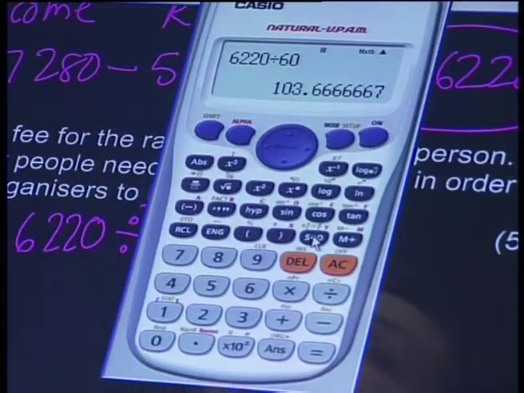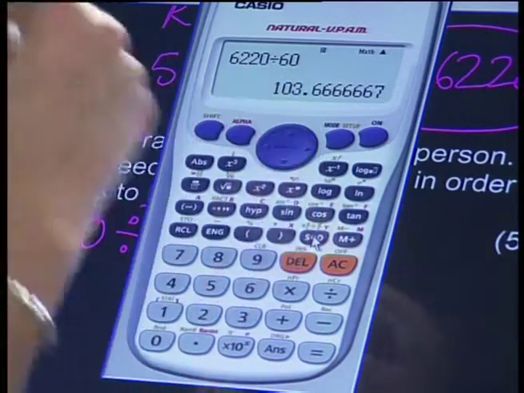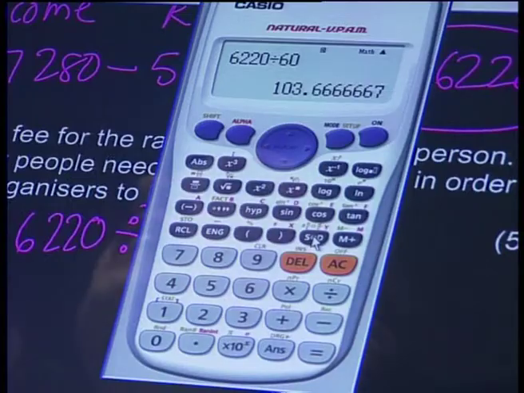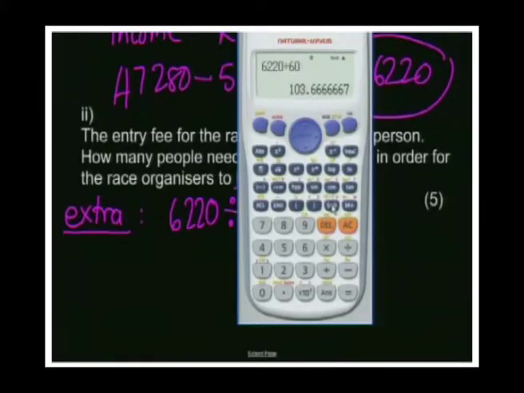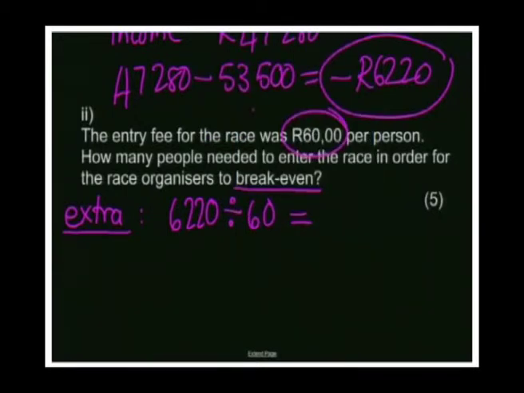And we get an answer of 103,6. And since you can't have half a person entering, we're going to round this up to an extra 104 entries.